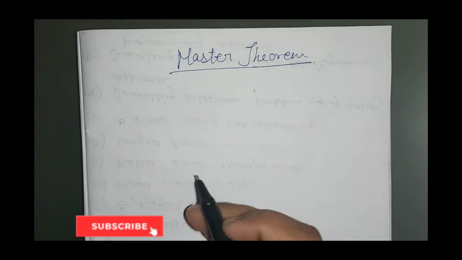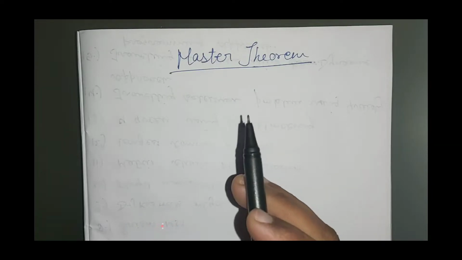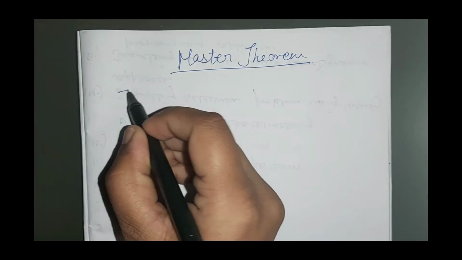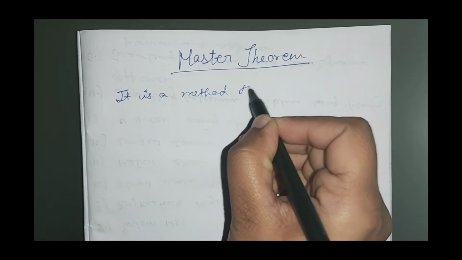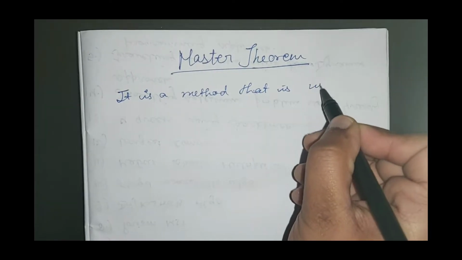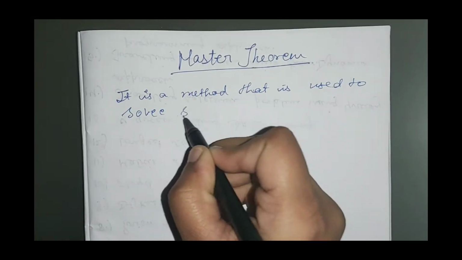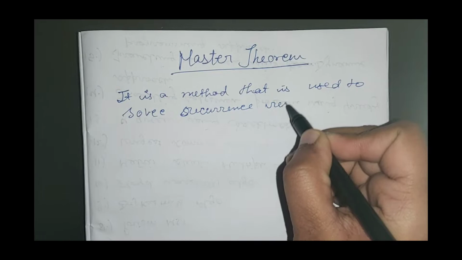Hello everyone. In this video I'm going to discuss the master theorem, which is one of the methods to solve a recurrence relation. It is a method that is used to solve recurrence relations.